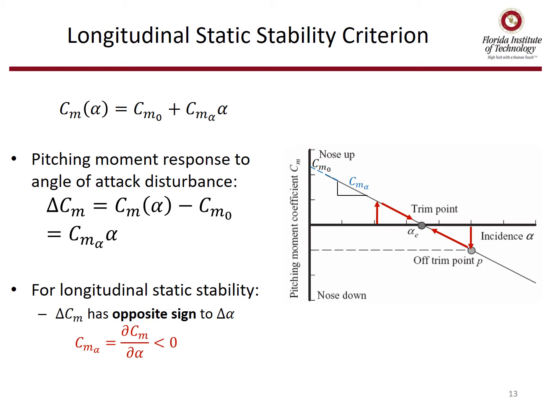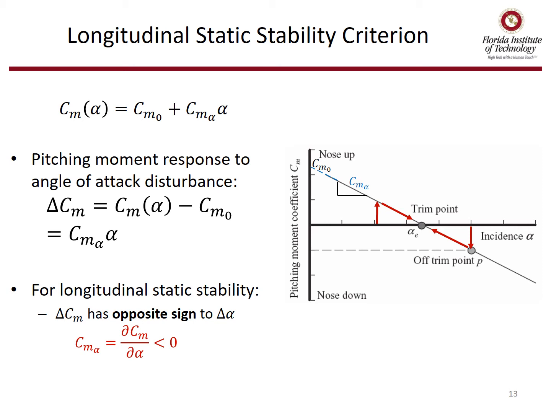If we go larger, that means we're to the right of alpha e at something like 8 or 10. And if we look at the plot, it means that we need a negative pitching moment. We have to think of the right-hand rule in this case, right? The y_B axis is going out the right wing. And so a negative pitching moment using the right-hand rule would push the nose down and get us back to 6 degrees angle of attack.